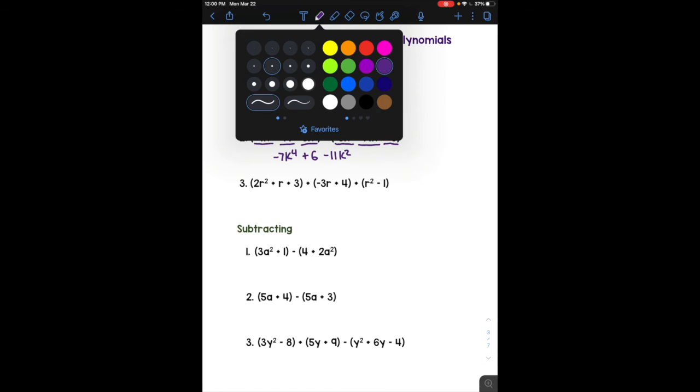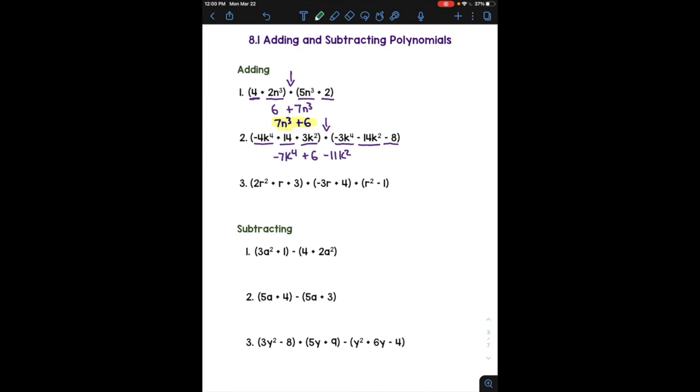Let's rearrange our terms real quick to write our answer in standard form, where the negative 7k to the fourth will still be the first term, but the second term should be then the negative 11k squared. Last term would be the positive 6, since it has no exponent or a degree of 0.